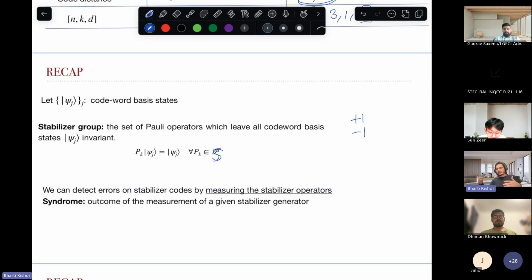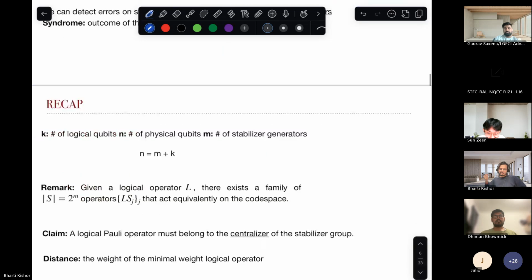So it's the outcome of the measurement of a given stabilizer generator. Let's say you have a bunch of generators, and that gives you whether some error has occurred or not. And by looking at these syndrome values, you try to figure out what error has occurred.